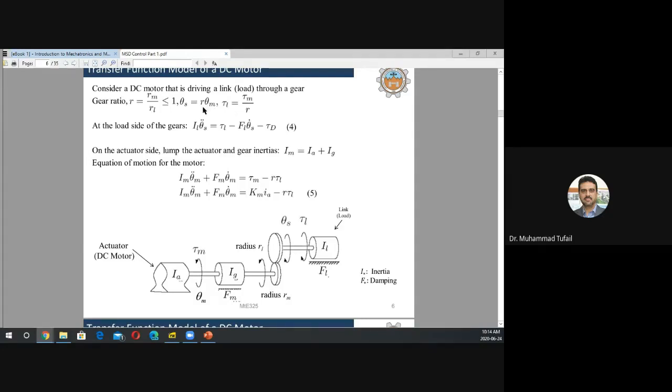And the same ratio exists between angular speeds, and between angular velocities and angular accelerations. You can just take the double derivative on both sides.